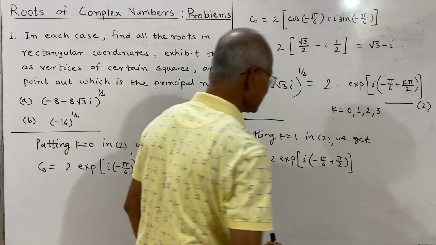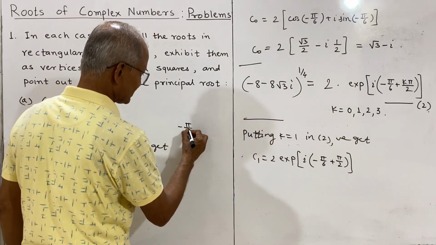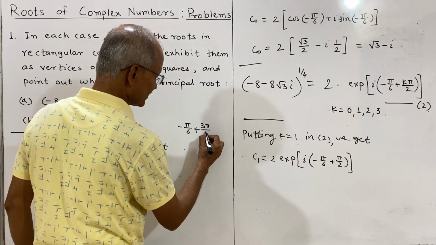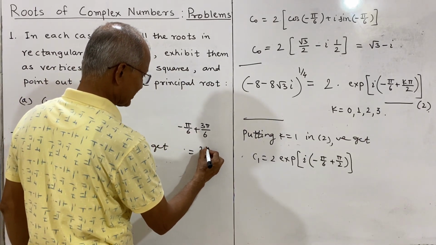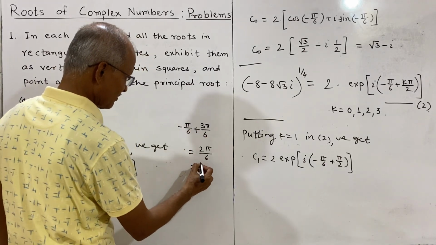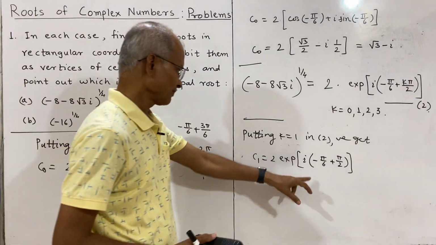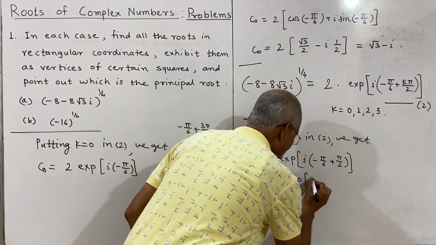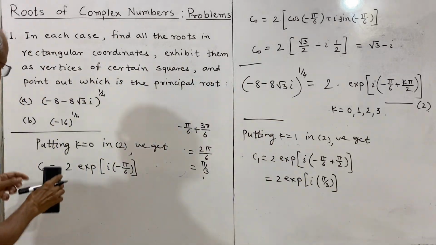You see, minus pi by 6 plus pi by 2, we shall multiply by 3, 3 pi by 6, and therefore this is 2 pi by 6, and that will be pi by 3. So this value is pi by 3, and that is 2 exponential i into pi by 3, and I shall write this here.